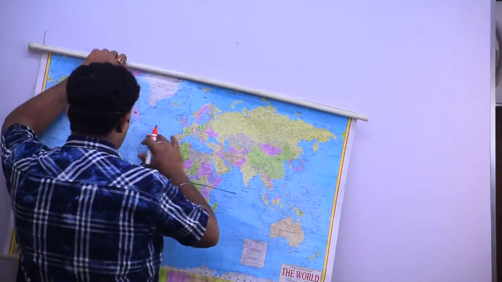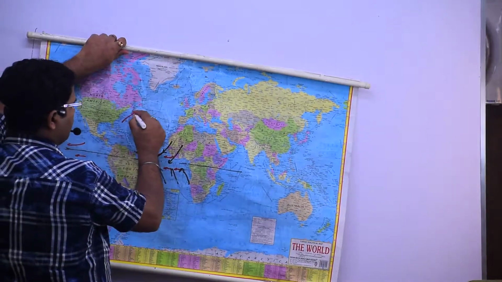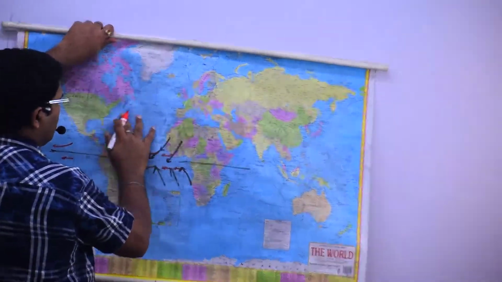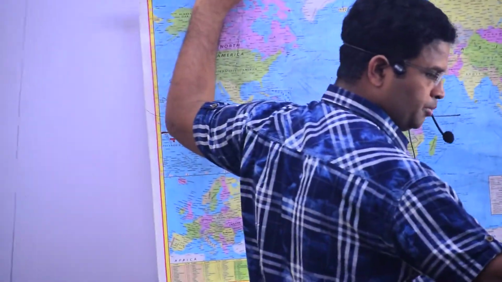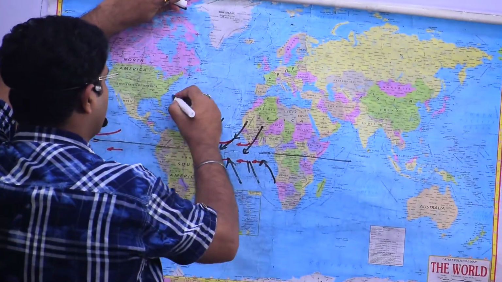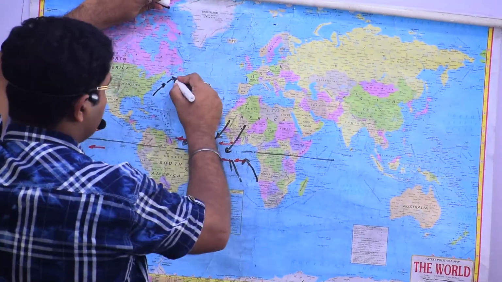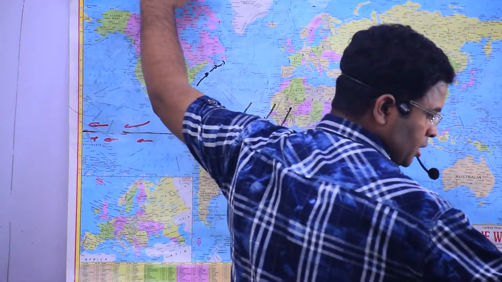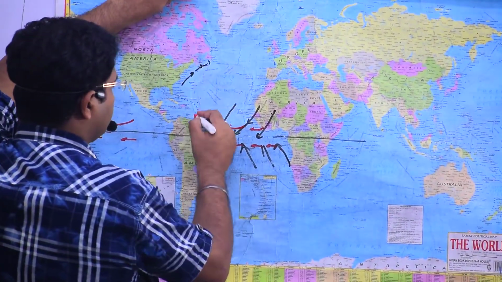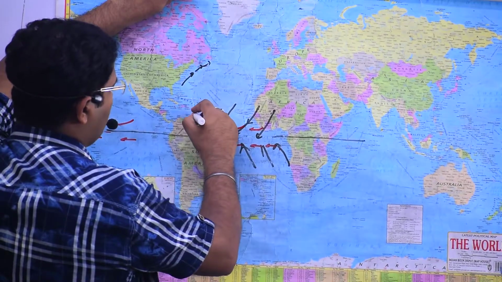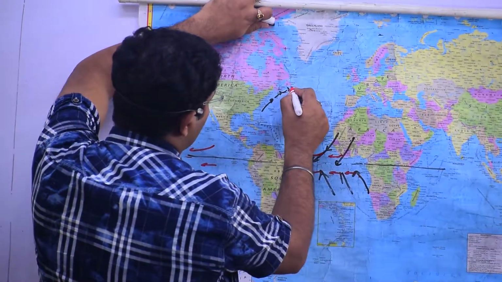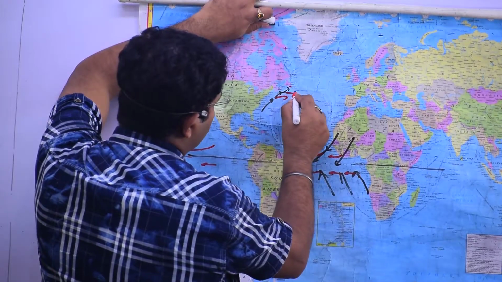Thereafter, suppose westerlies are moving from here. When the ocean current is moving, it will try to deflect towards the right.